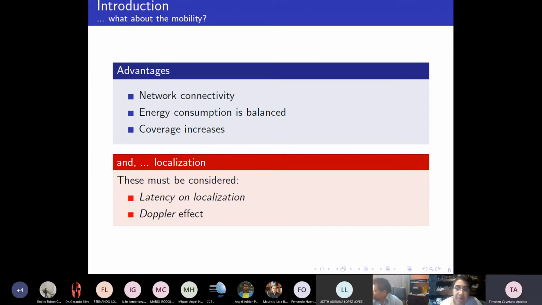Yes, of course. The Doppler effect and the latency are two of the more important phenomena that it is necessary to take into account in localization.